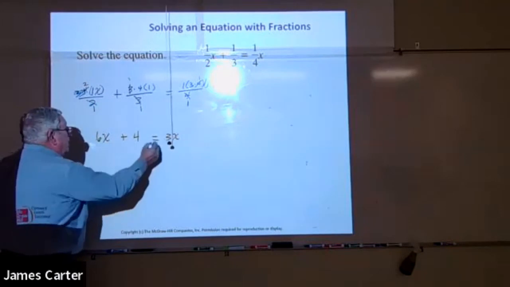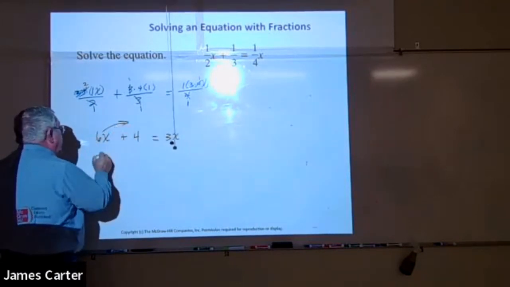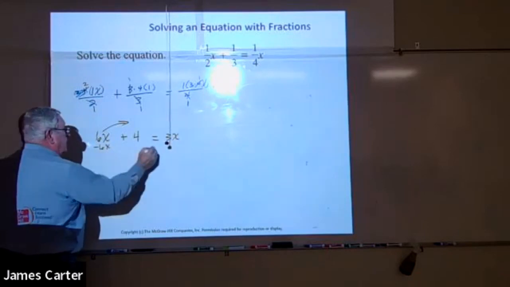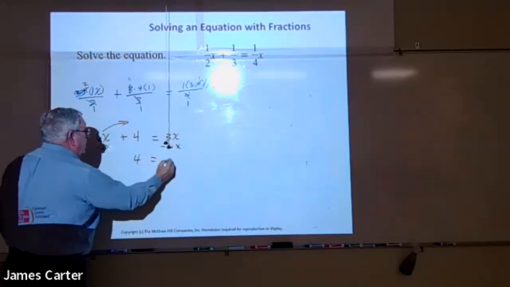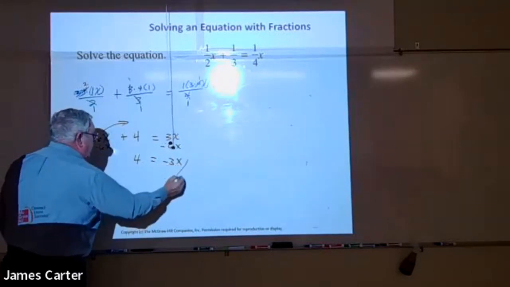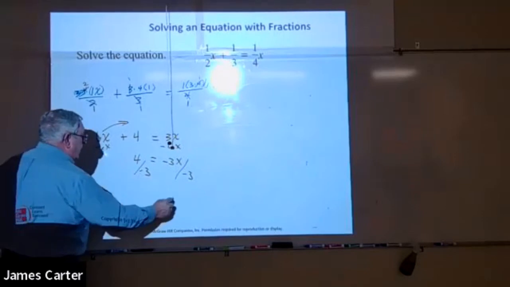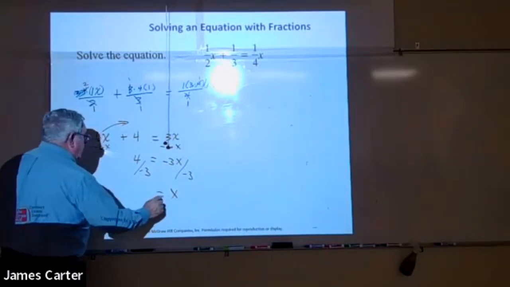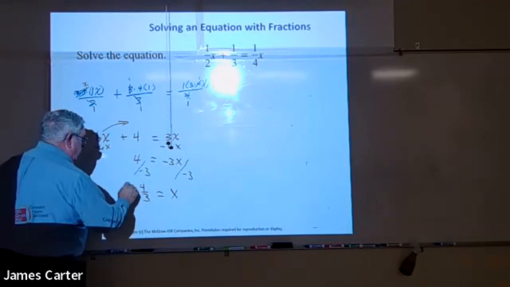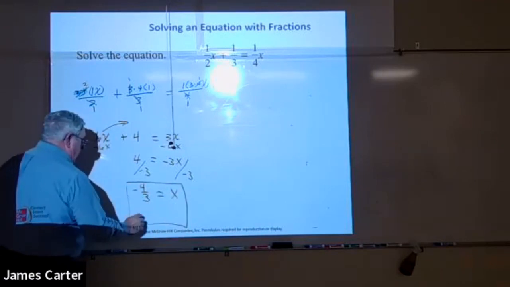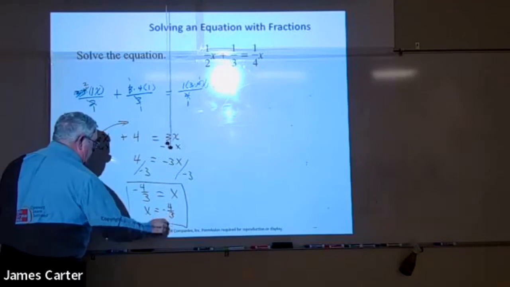Now, since I've got my variables over there already, let's do this. Divide by -3, and I get X equals -4 or X equals -4 thirds for this one.